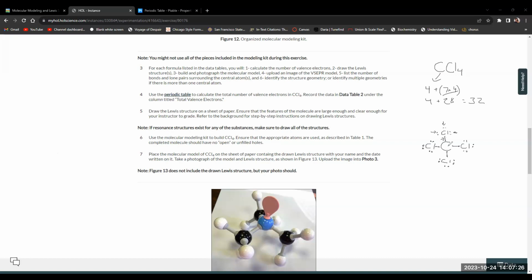And because the rest of the chlorines are the same, we can use the assumption that each of them has 8 around them. And in total, it looks like we do have 32 electrons around, or we used 32 valence electrons. So this is what the structure should look like when it's drawn.